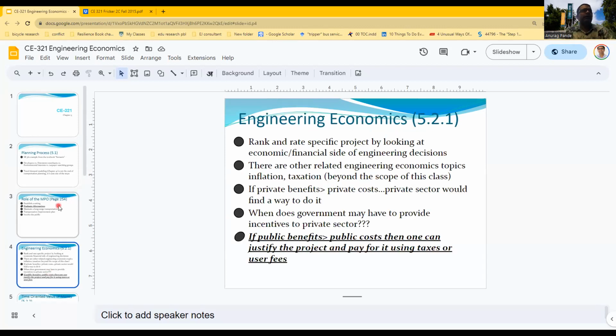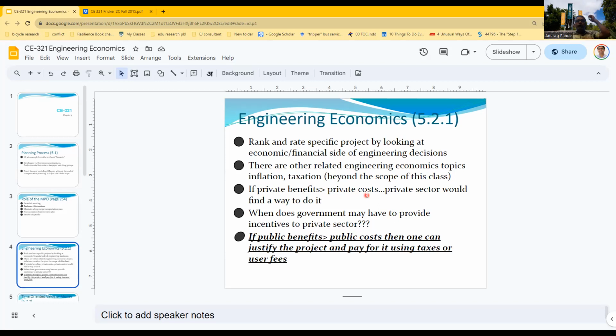So what is engineering economics? What is the role of engineering economics in all this? It helps us rank and rate specific projects by looking at the economic and financial side of engineering decisions. Obviously, there are other engineering economics topics like inflation and taxation, which are not part of this class, again, because this is just an introductory class. If private benefits are more than private costs, then we know the private sector will come in and fund the project, right?